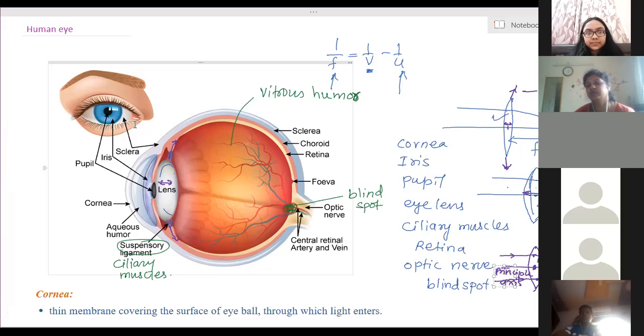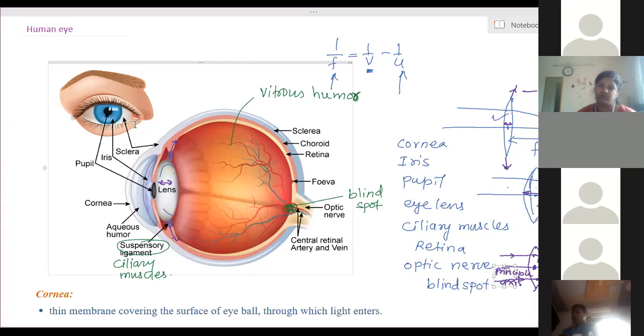Refraction means, what do you mean by refraction of light? Ma'am, traveling of the ray of light from one medium to the other. And what happens at that time?